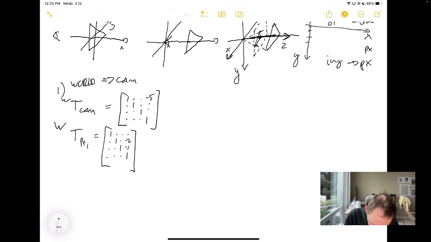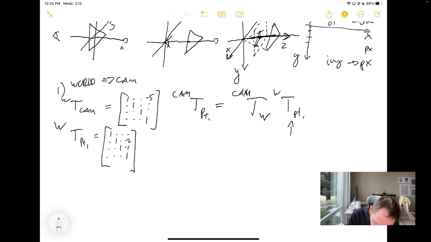So if we want to get this position of the point in the camera frame, we need camera from world point 1.